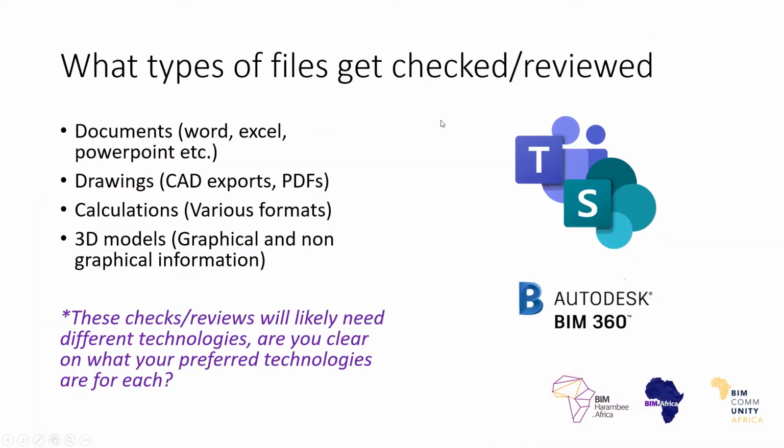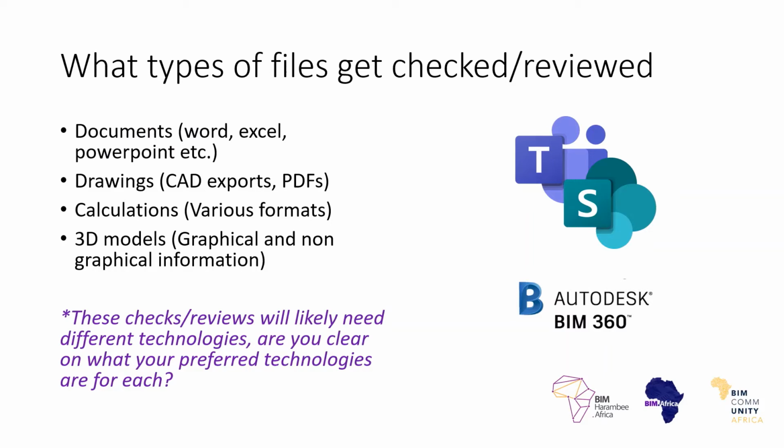Okay, so what types of files get checked and reviewed? There's obviously different types of files. So you've got documents, your standard Word type documents, Excels, PowerPoints. Then you have your drawings, which could consist of maybe an exported CAD format, like a DWG format, or your outputs, your PDF drawings. You then have calculations.